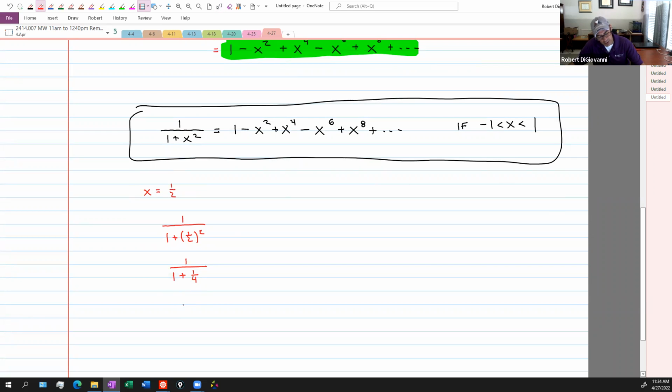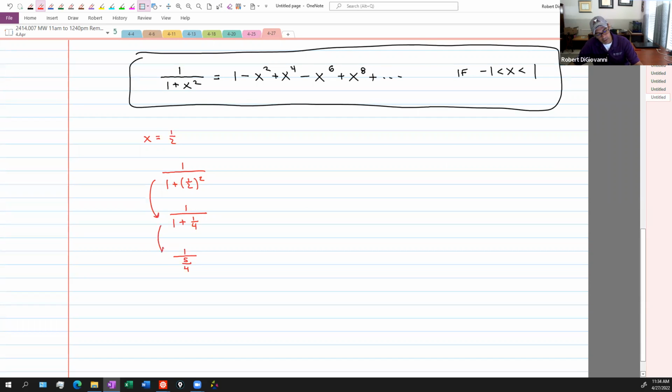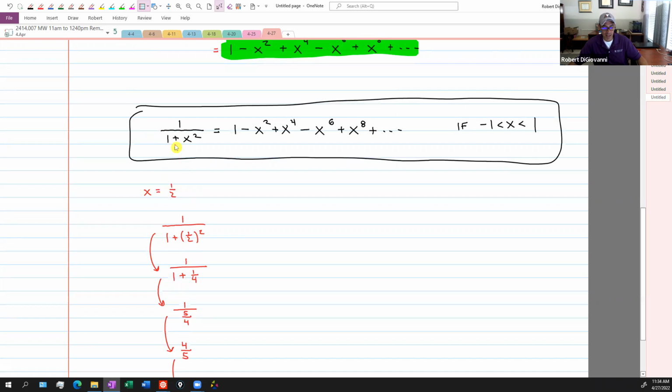And 1 plus 1/4 is 5/4, so 1 over 5/4. And that's the same as 4/5, right? And 4/5 is 0.8. Agreed? What we've said is that 0.8, plugging in half, is the same result you get if you plugged a half into this side.